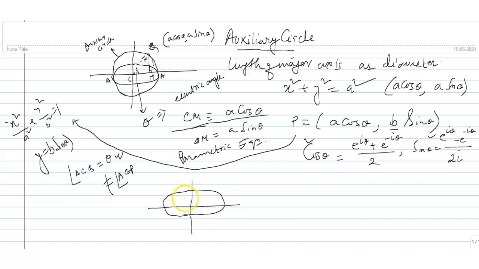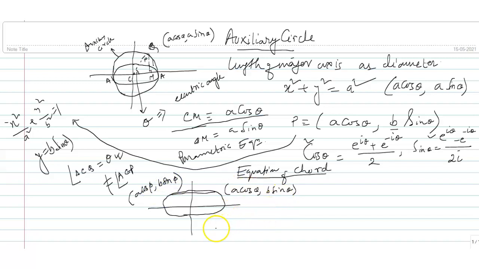Suppose this is the ellipse. If you need to obtain the equation of the chord, then suppose the extremities are a cos theta, b sin theta in parametric form, and a cos phi, b sin phi.